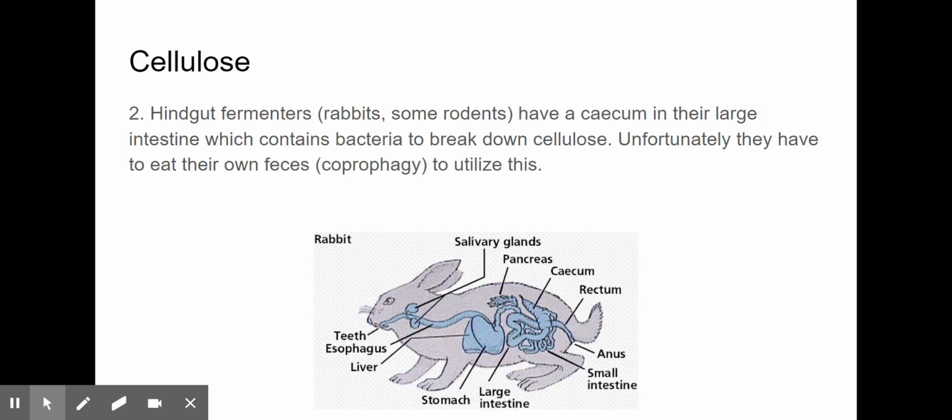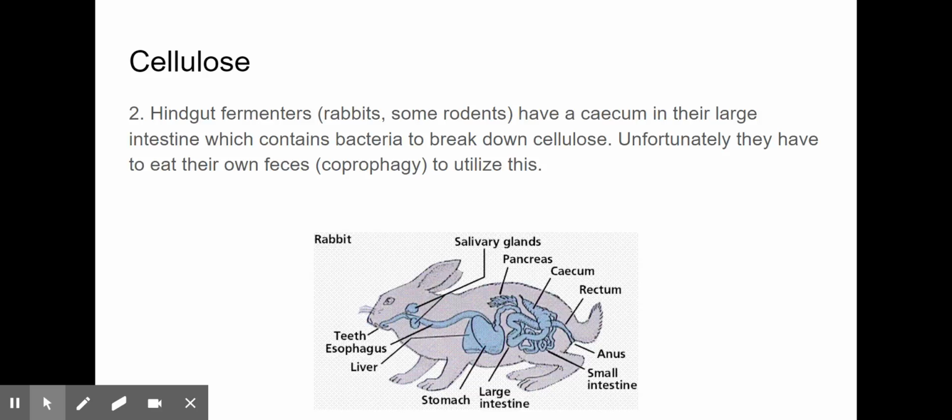The thing about the large intestine is that you're not really absorbing nutrients there anymore. Nutrients get absorbed in the small intestine, which is before the large intestine. So for rabbits, the cellulose goes all the way through, gets broken down, and then they poop it out, and it doesn't get absorbed.